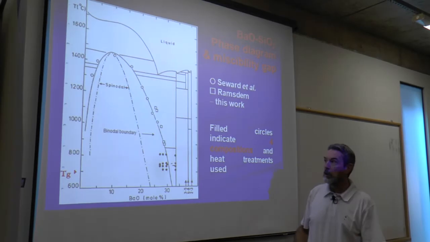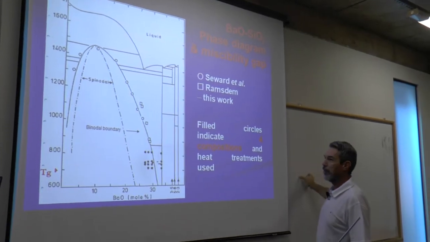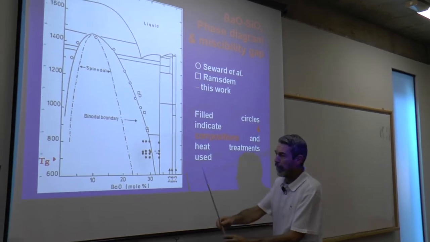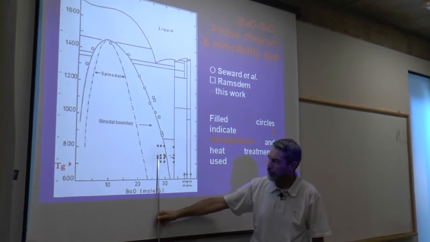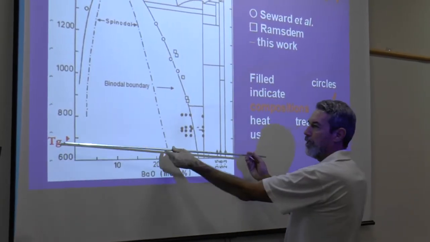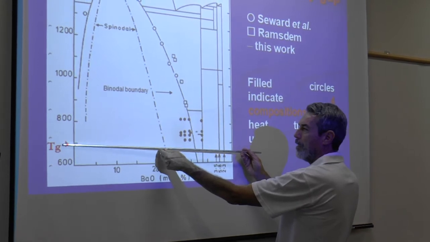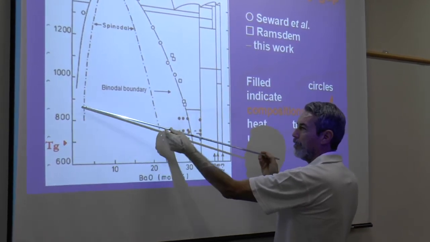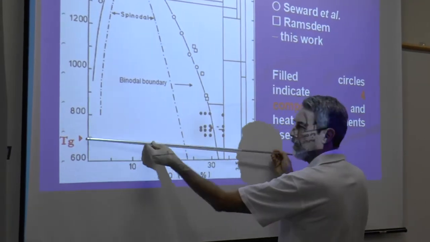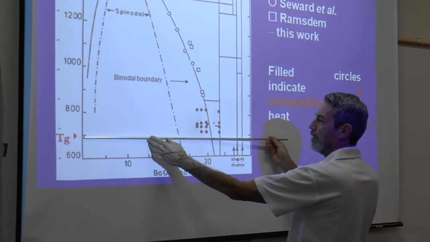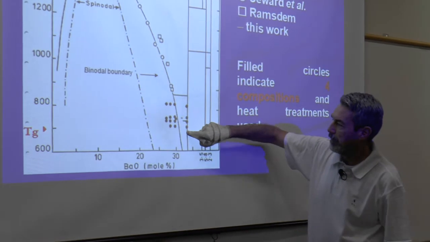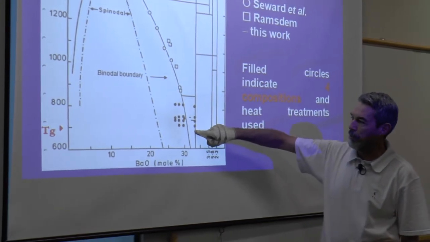So we are now going to do some exercises here on the whiteboard. For instance, we can take a glass such as this composition here, a little bit above Tg. The Tg of these compositions is somewhere at 700 degrees Celsius or so, for the 33.3% baria glass.